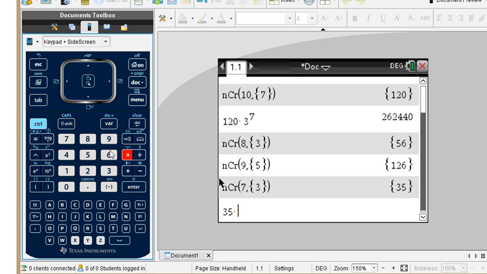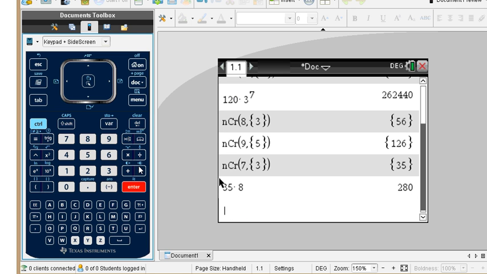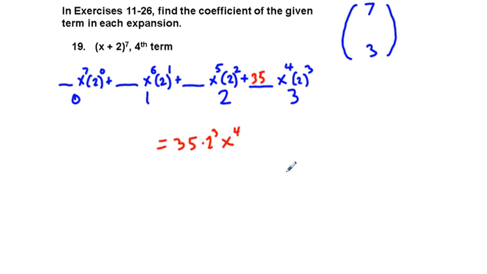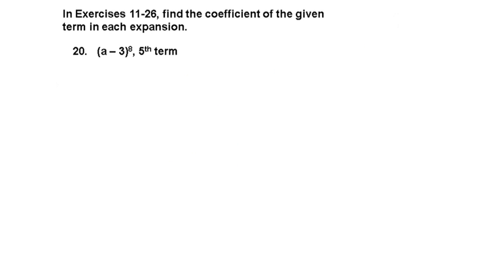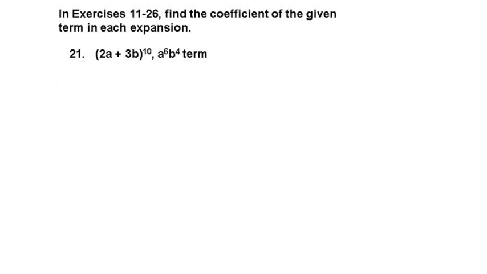Yeah, 280. So it equals 280x to the 4th power. Well, our coefficient is just the numerical portion up front, 280.